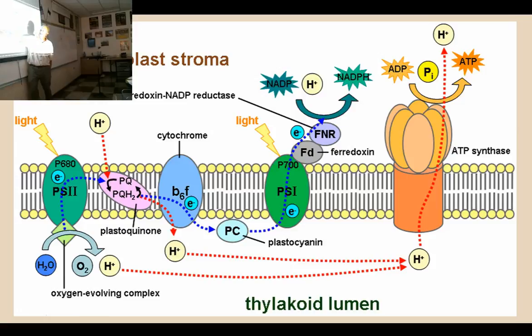Don't worry about the names of these things. But what we're doing is we're pumping more hydrogen in from the outside into the inside of this membrane area. So I'm pumping hydrogen in from the outside, and I am making hydrogen by splitting water.